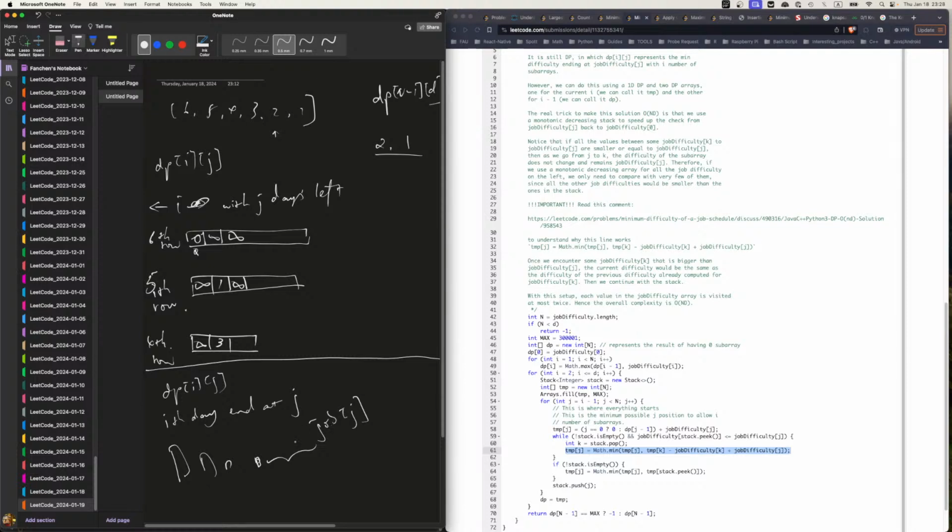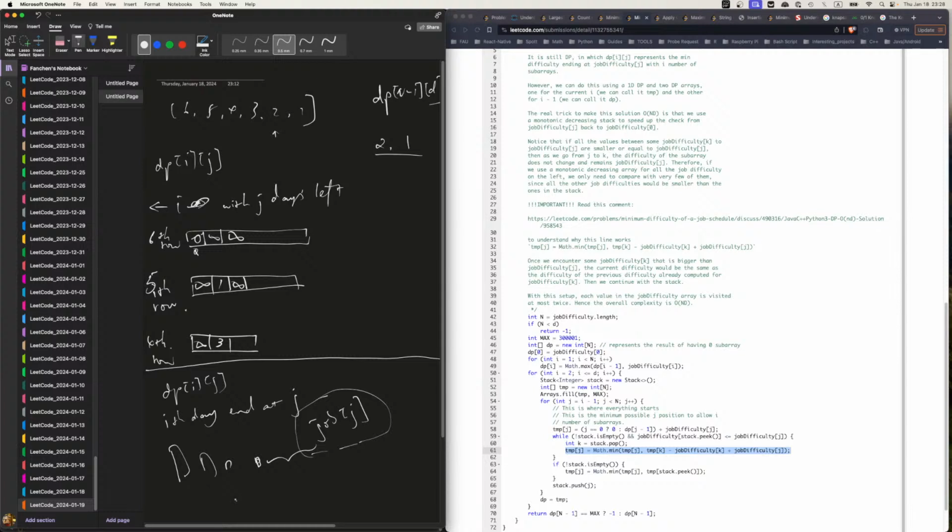Because as I go through this, if I group these together, then the current difficulty is going to be job j. So the difficulty is job j, and then we'll have the previous difficulty.